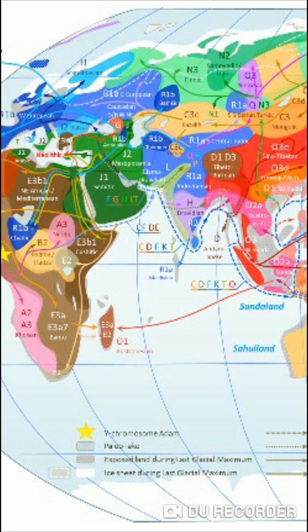So right here, the other problem is, on this map they put J2, I believe, J2 and L in the region of Elam. So Elam is actually this area from Iran to India.